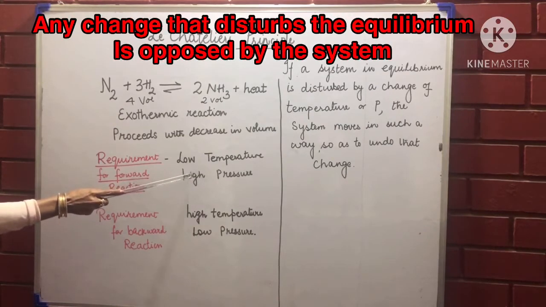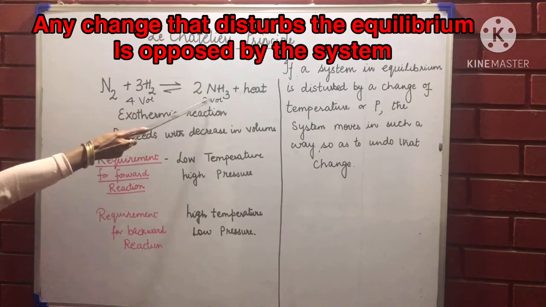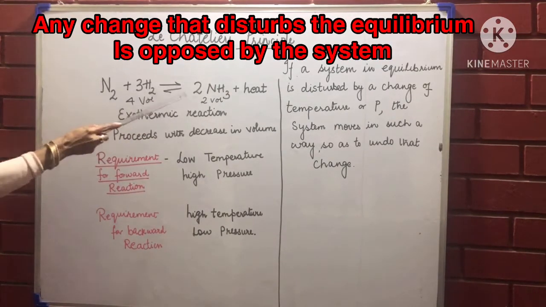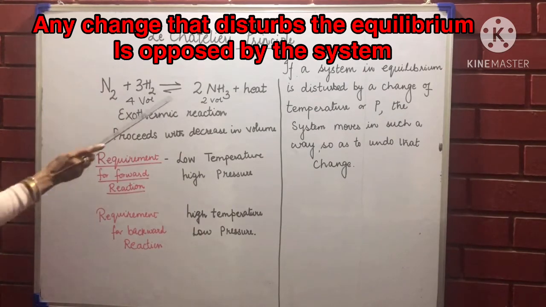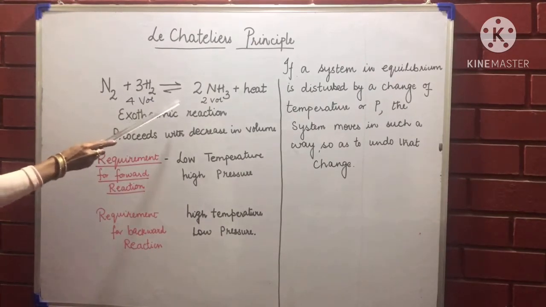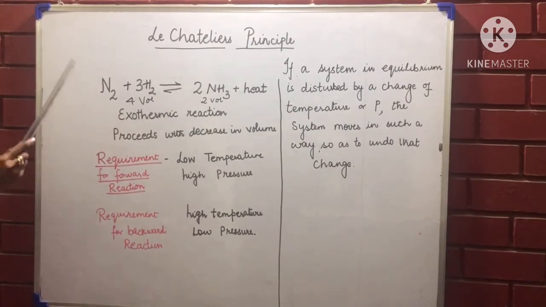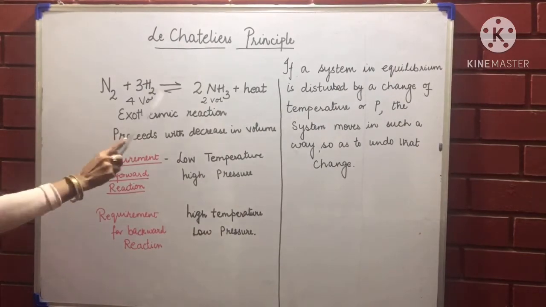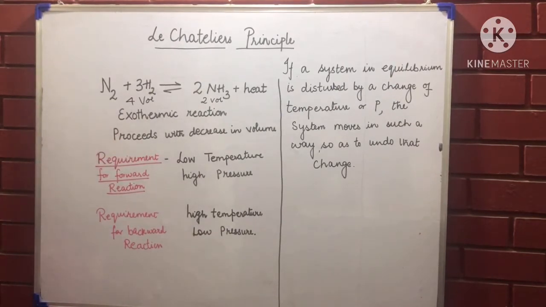But if I make the pressure low, the reaction will start moving in the opposite direction. That is, ammonia will start changing into nitrogen and hydrogen. 2 volumes will expand and change into 4 volumes if I make the pressure low. So whatever the requirement for a particular reaction, forward or backward, if that is given, the reaction proceeds that way.